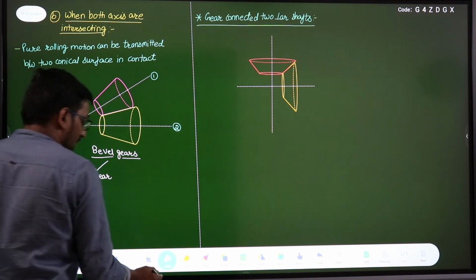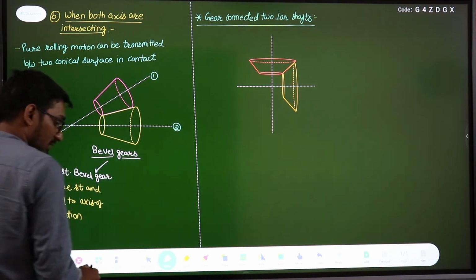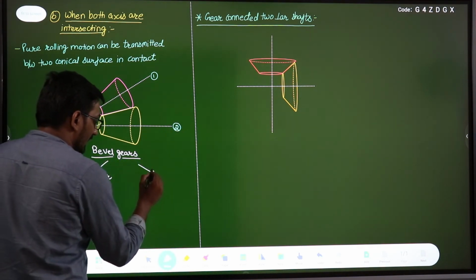The second type is when the teeth are inclined to the axis of rotation, then we have helical bevel gear.